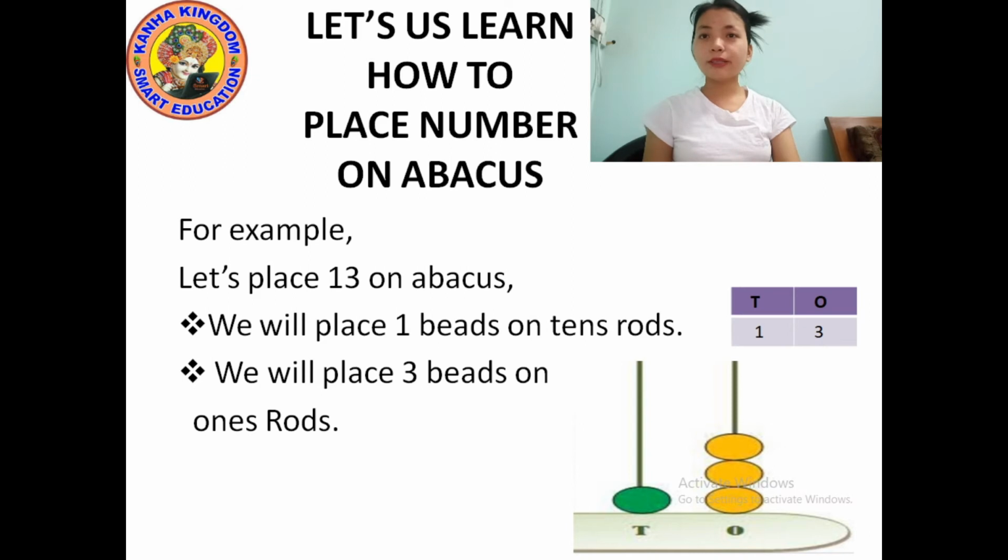You already placed 1 bead on the tens rod, which says that 1 is in the tens place. Like this, we place 13 on the abacus. In this way we place many more numbers on the abacus.